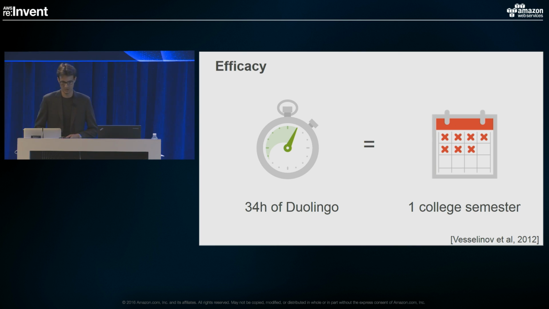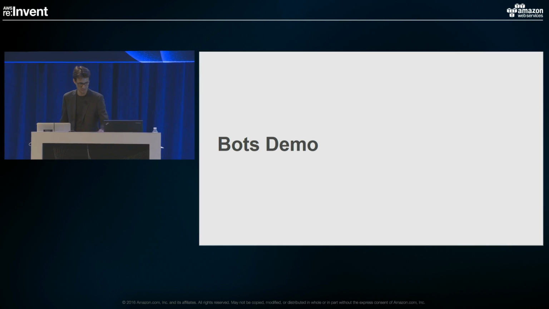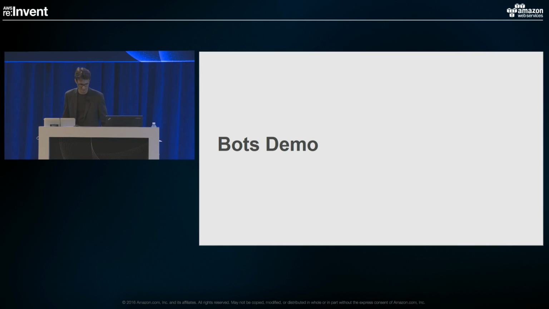Now, what I want to demo today is actually the bots. Some of you may have seen this already. This is actually live in the iOS app. So let's see.